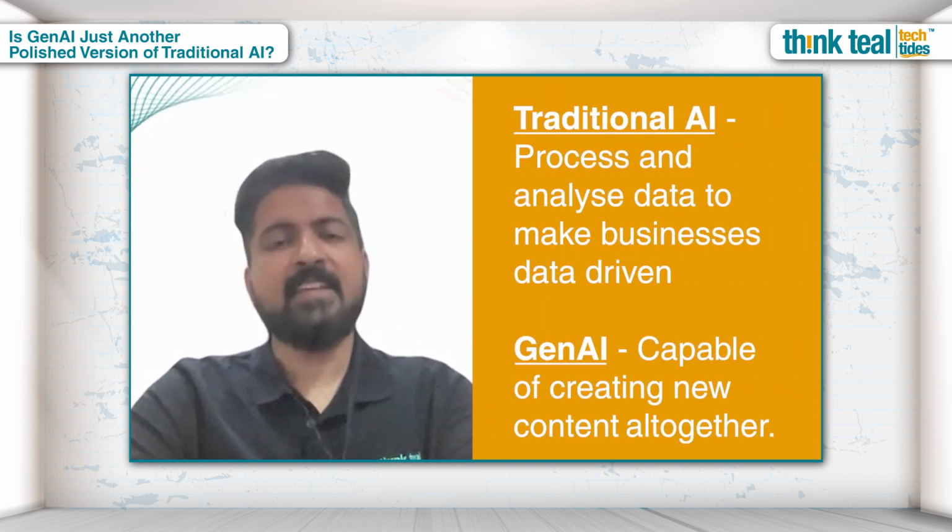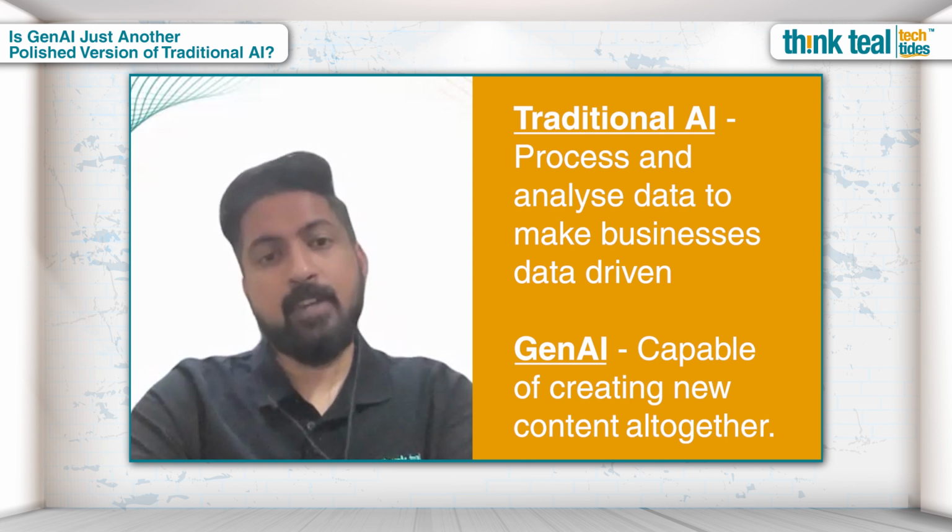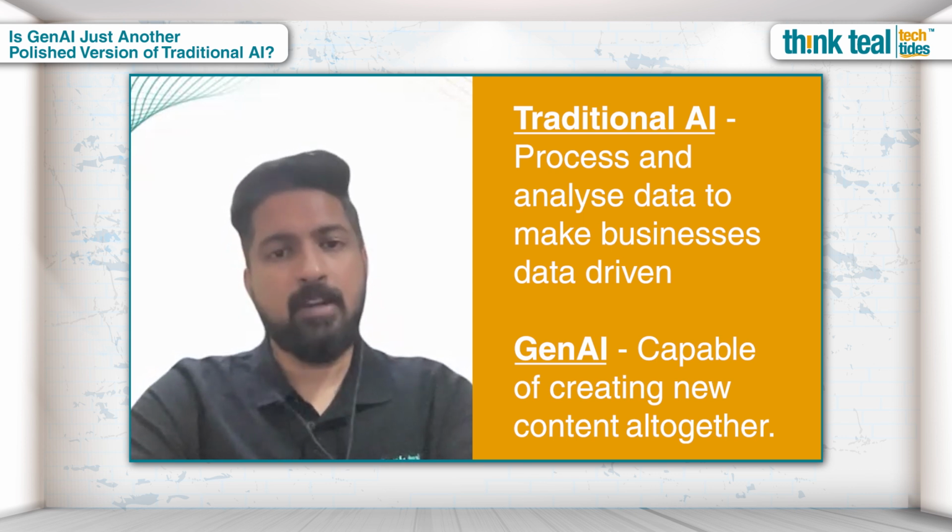Instead of just analyzing data, Gen AI is capable of creating new content from the data. Think of it as having a creative genius in the room that can generate entirely new ideas, designs, or solutions from scratch. This type of AI uses advanced models to produce original outputs that are not directly derived from the existing data, which is the prime difference between Gen AI and traditional AI.